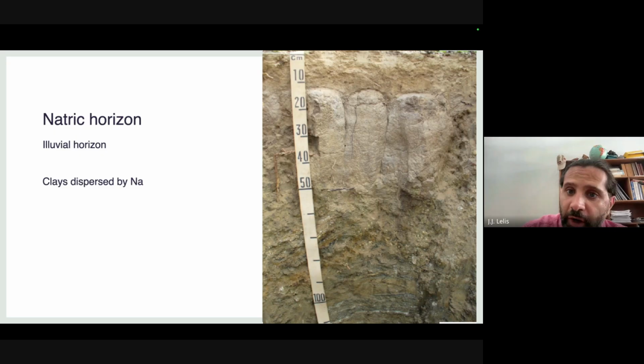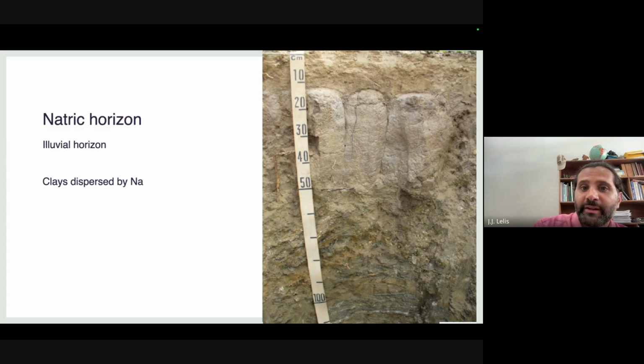So it's more common in semi-arid and arid regions with dry climate conditions, and the salt and especially the sodium precipitation at the surface induces a chemical dispersion of the peds and aggregates. And because of this chemical dispersion, you induce the clay migration from the surface to subsurface horizons.